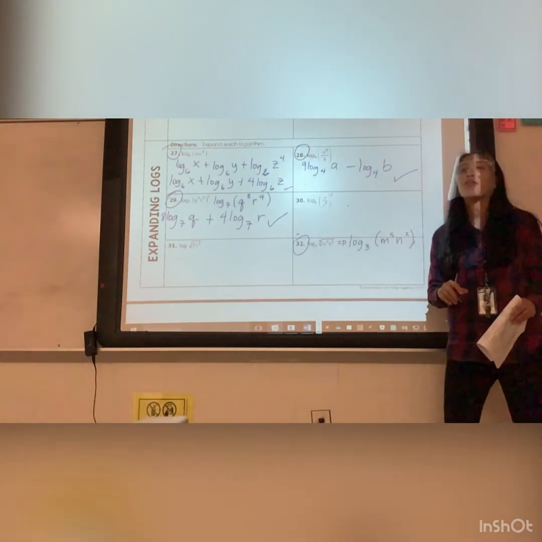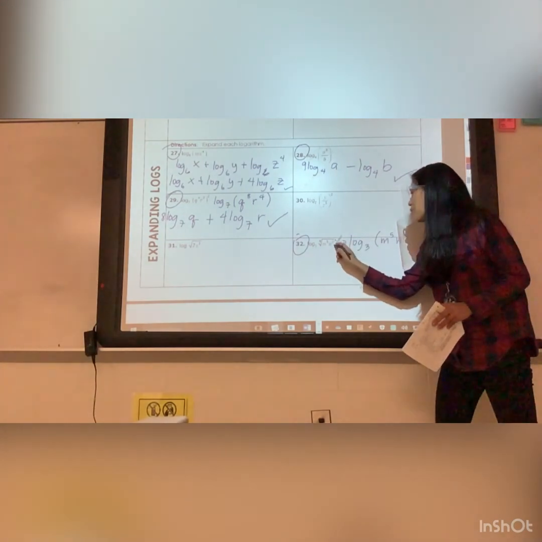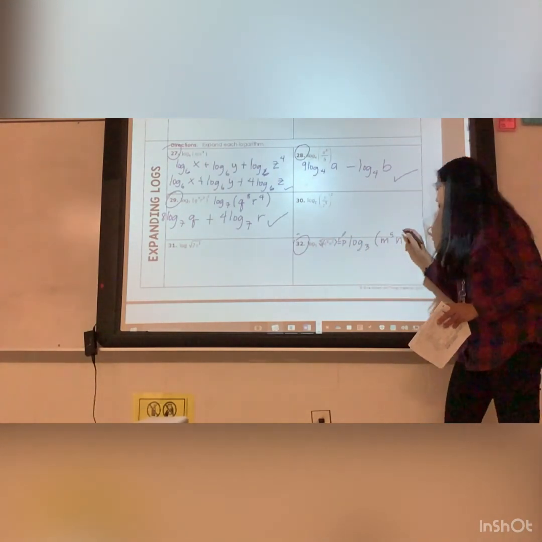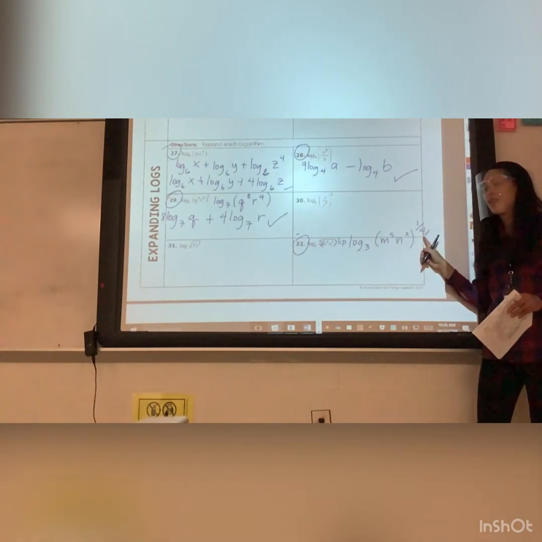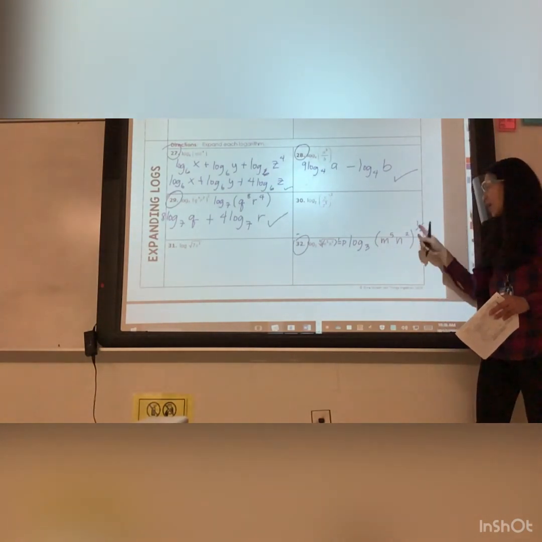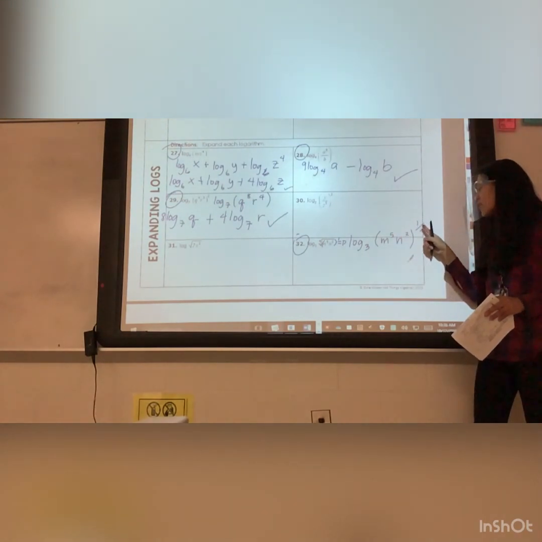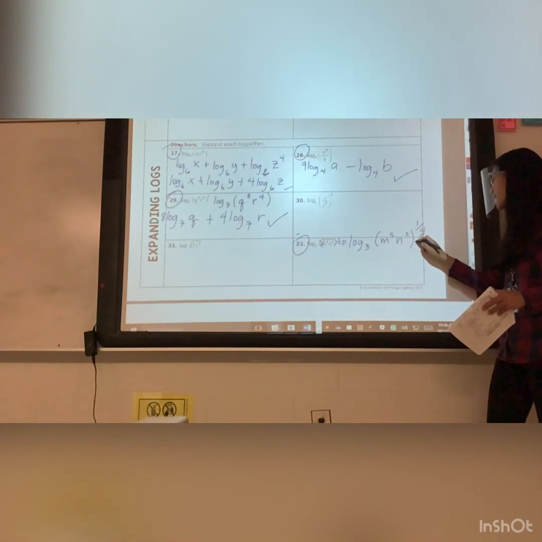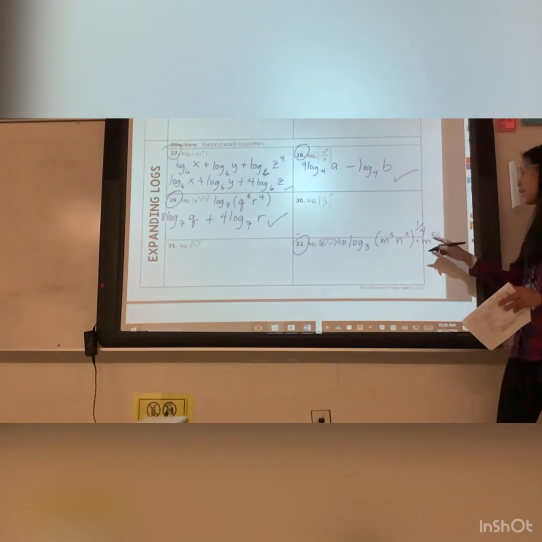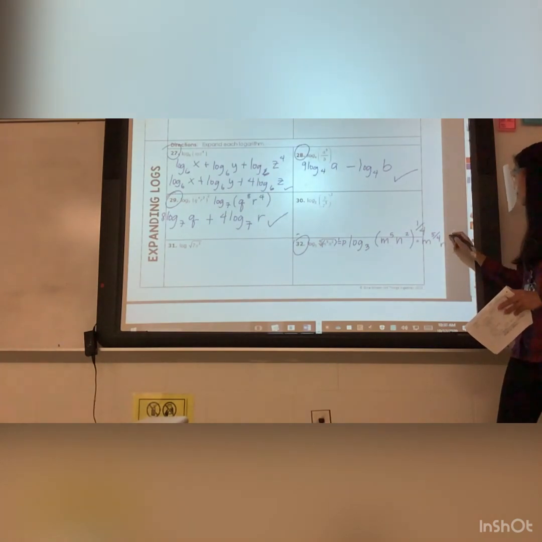What is going to be your exponent? So, this can be 1 over 4. This is the root, okay? So, for you to finalize it, you multiply it with this. So, 5 times 1/4. So, it's going to be like this. Let me show you how. M, and then this will be 5 over 4. And then n will be 2 over 4, okay?